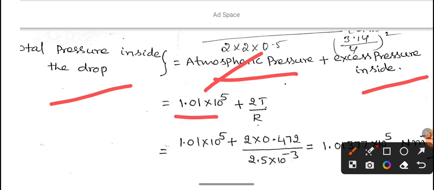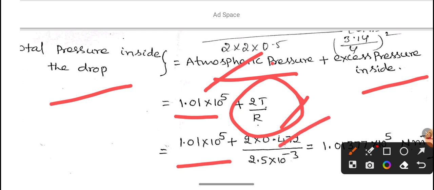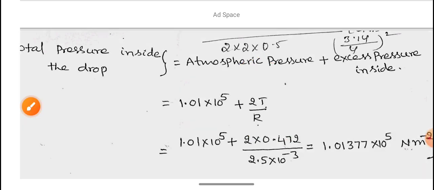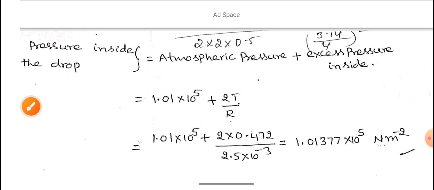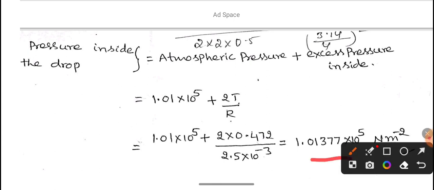The excess pressure is given by the formula 2T by R, where T stands for surface tension, plus atmospheric pressure. So equating this value, 2 into 4.72 divided by 2.5 into 10 to the power of minus 3, the answer is 1.01377 into 10 to the power of 5 Newton per meter square, which is the pressure inside the drop.